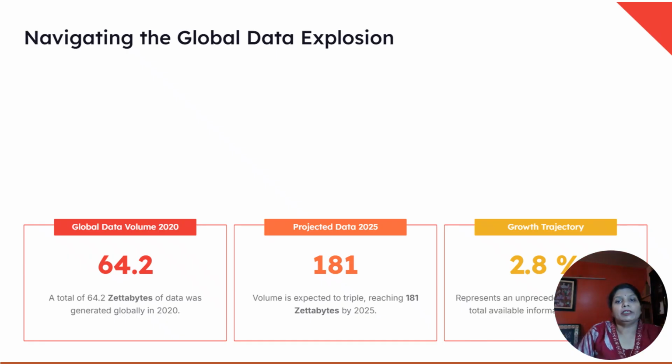This explosion of data explains why structured analytics frameworks, robust data management, and analytical thinking are no longer optional. They are essential for converting massive data volumes into actionable strategic insights. So that's the importance of data, and that is why how data has to be taken care of strategically is something that we discussed in the previous slide.